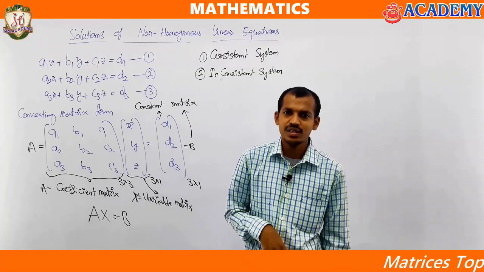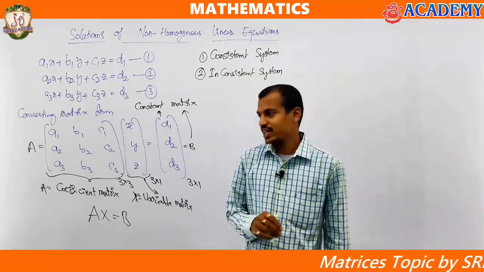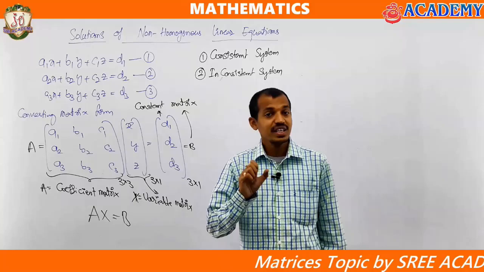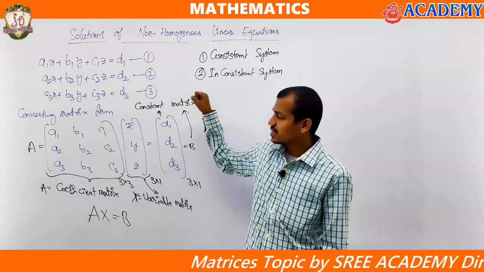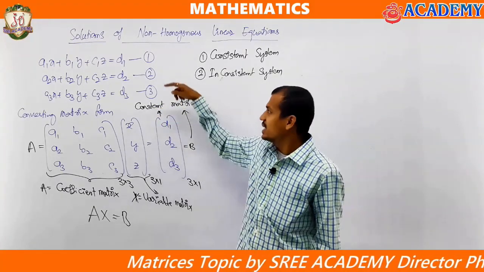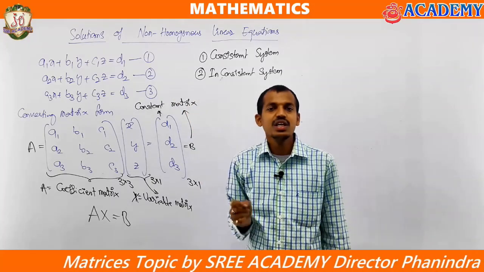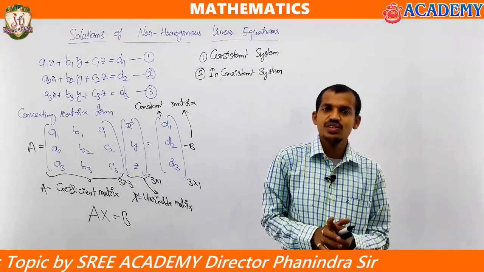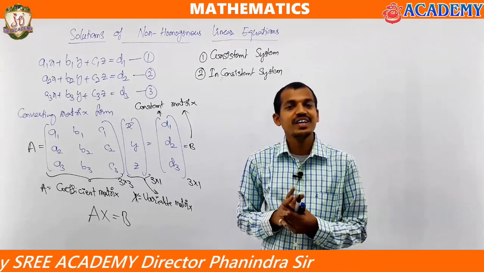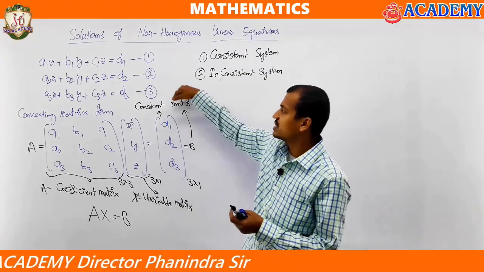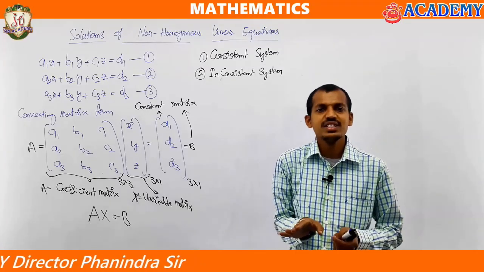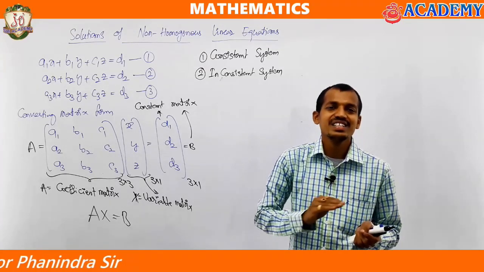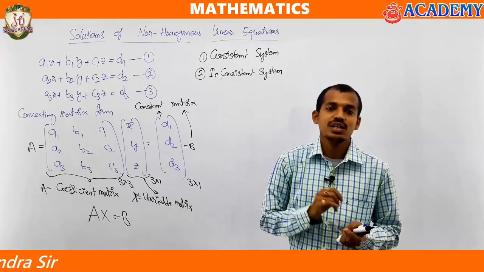What is that solution? The unknowns x, y, z, three values. In each and every equation those values must be satisfied, compulsorily. If it is a solution, the values you find must satisfy all three equations. If it satisfies only one equation, the x, y, z values we wrote are not called a solution.